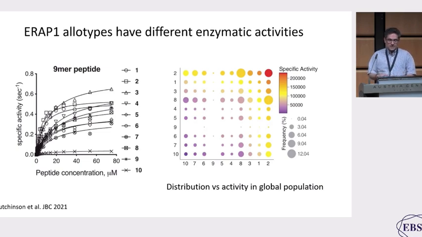What we also did is map activity and prevalence of these allotypes in the population. On the graph on the right, this is on global population. You can see there is quite a wide distribution. There are common allotypes that are very active, and also some common allotypes that are very inactive. So we think that this is important in driving heterogeneity in immune responses.